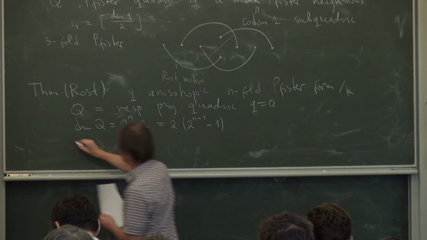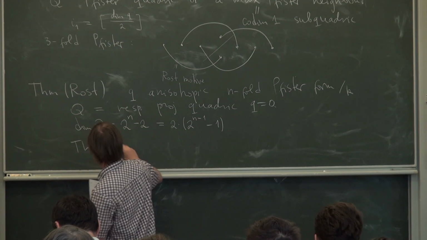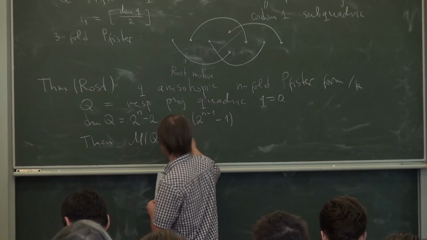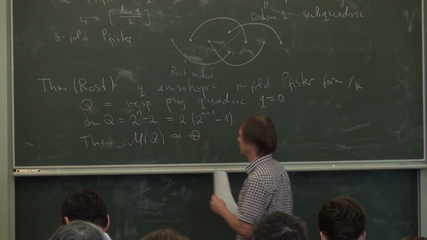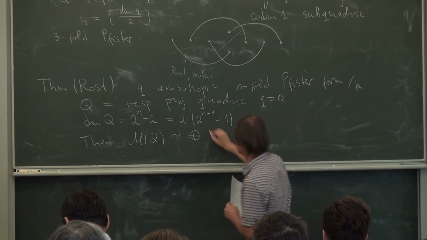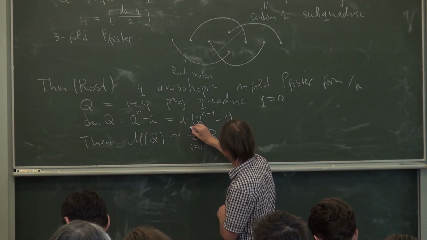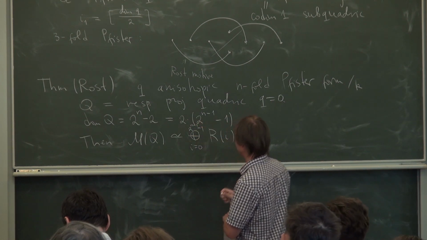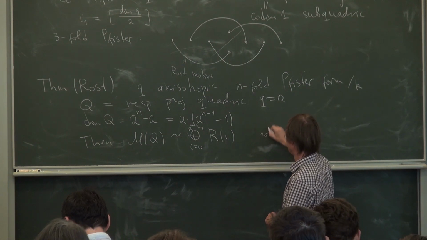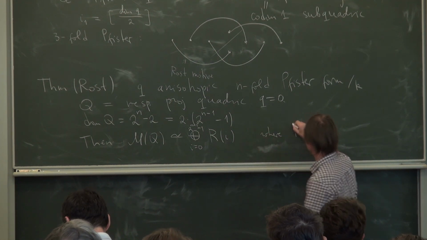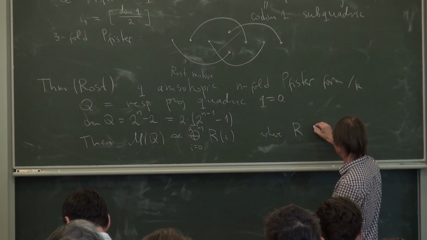So then the motive of Q is isomorphic to the following direct sum: the sum of R shifted by i, for i from 0 to 2^(n-1) minus 1, where R is indecomposable.